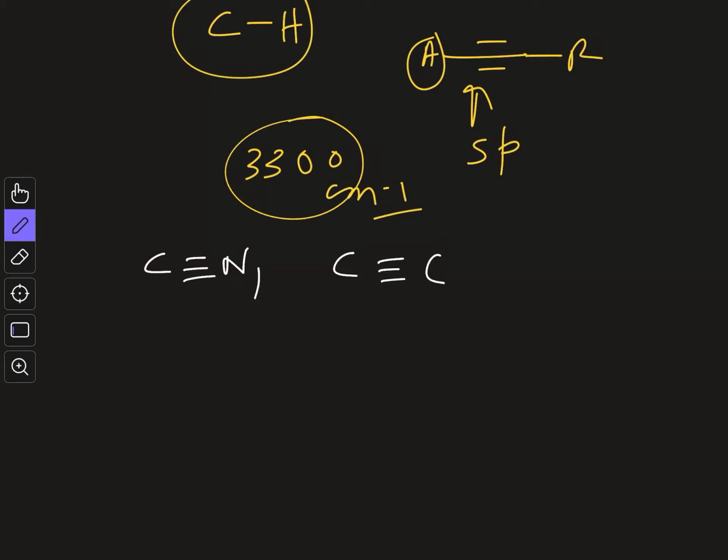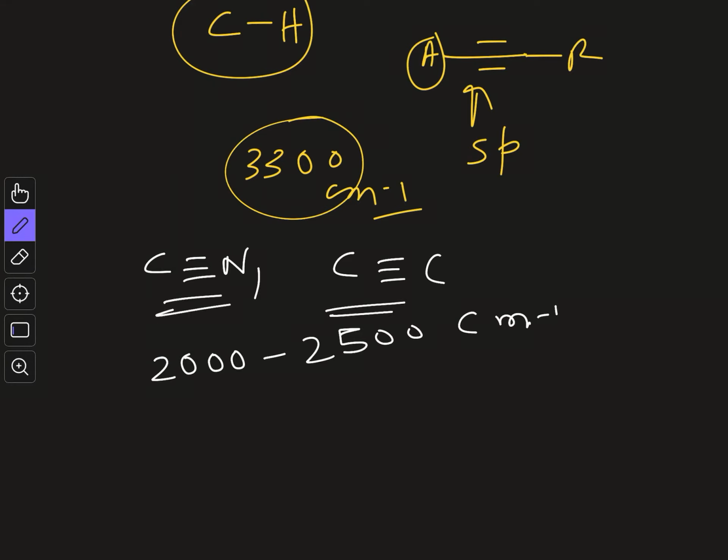Let us discuss this. So these two bonds come from around 2000 to 2500 centimeter inverse, and you can see the reduced mass for these two groups will be almost the same, the only difference is in the bond strength, and the CN bond is stronger than the CC bond.